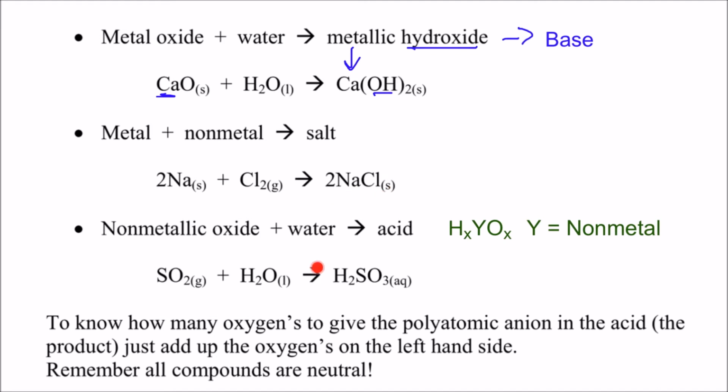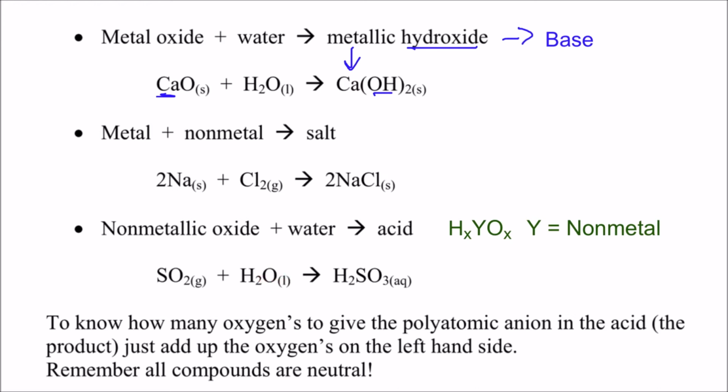Okay, now let's talk about this reaction down here just a little bit further. It says, in order to know how many oxygens to give the polyatomic anion of the acid, that's this right here, just add up the oxygens on the left-hand side. Remember, all compounds are neutral. Okay, so what they're saying is I have 2 oxygens from the sulfur dioxide, and I have 1 oxygen from the water.